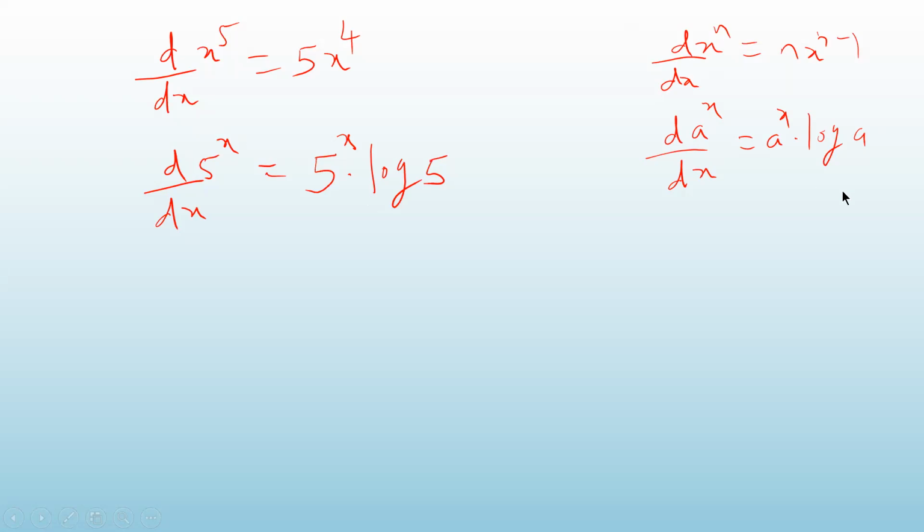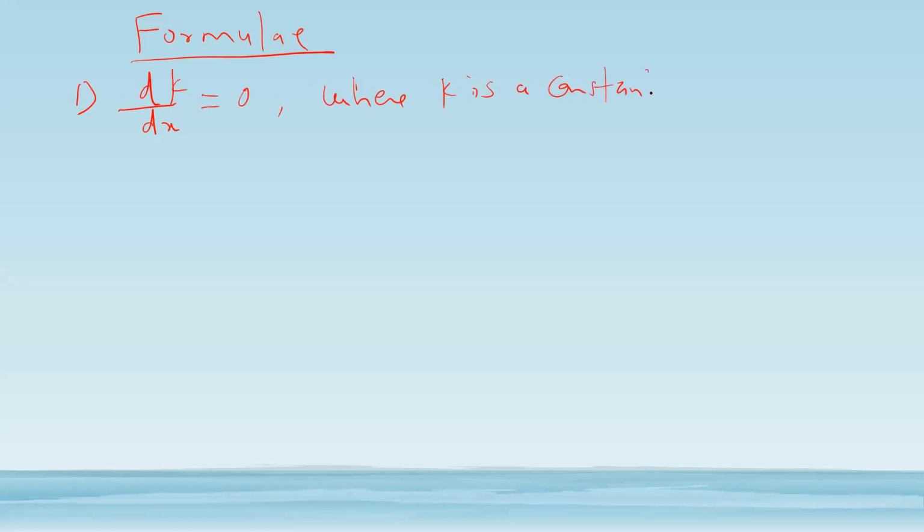So let us summarize what we did today. Let us list down all the formulas for derivatives. First one was what? Derivative of k is 0, where k is a constant.